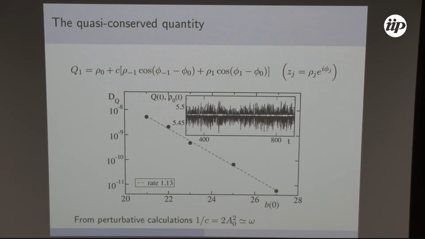Indeed, if you compute the eigenvector, that is this quantity, here is a comparison between the breather amplitude, that is this black curve, and the behavior of this quantity. We call this a quasi-conserved quantity, because it corresponds to this very, very small eigenvalue.